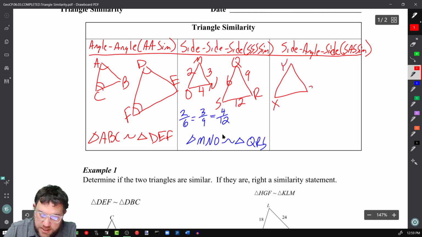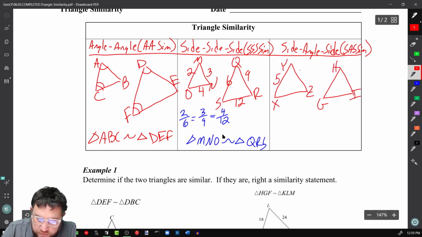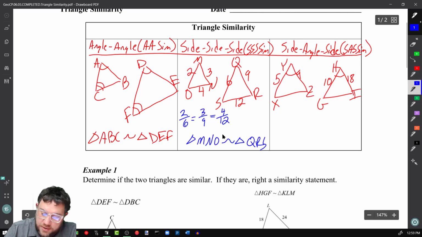We've got X, Y, Z, and we'll call this GHI. Okay, we know that 5/10 equals 9/18.